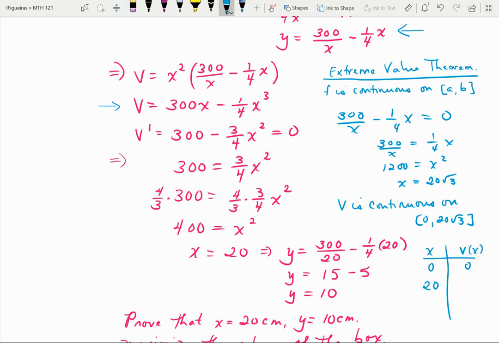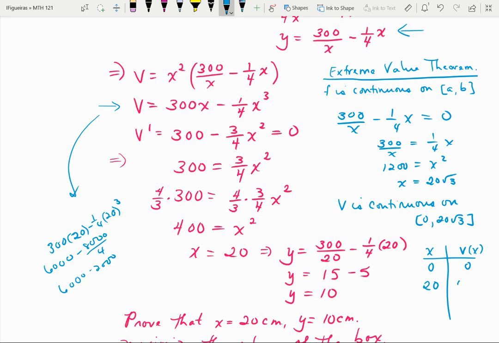when x is 20, I have to do that here on the side. I didn't calculate that yet. Minus 1/4 20 cubed. I'm plugging it in here, by the way. So this is 6,000 minus 8,000 over 4. So it's 6,000 minus 2,000.